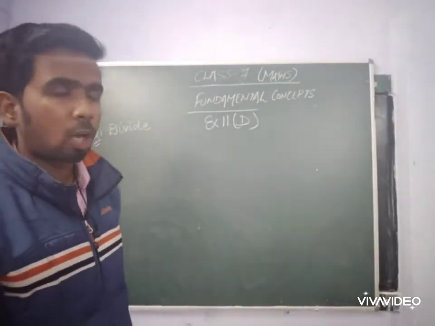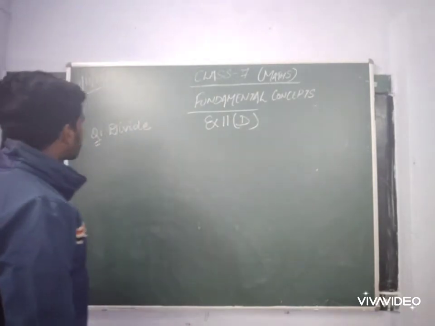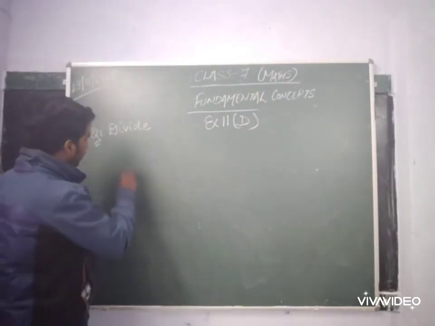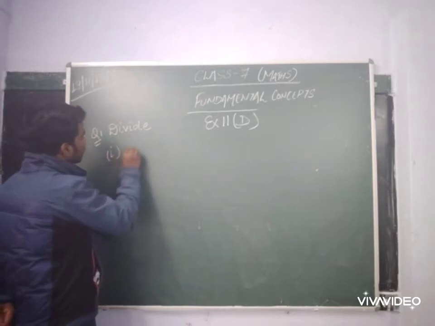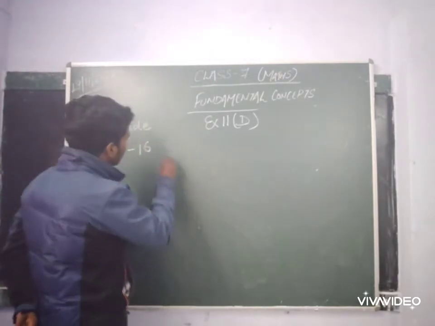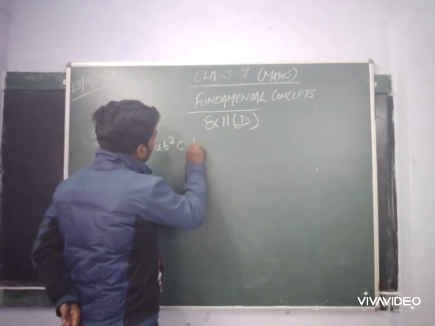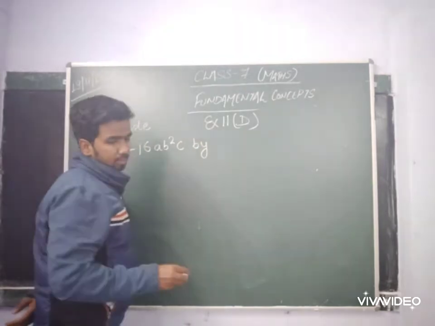Okay, so now we are starting with exercise 11D, and question number 1 is divide, first part, divide minus 16 a b square c by 6 abc.